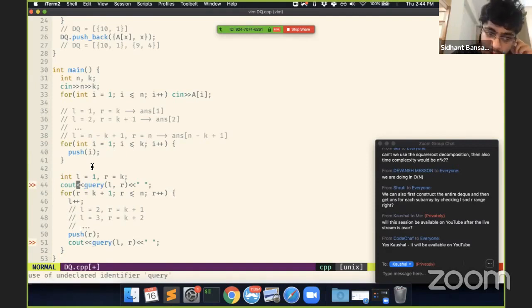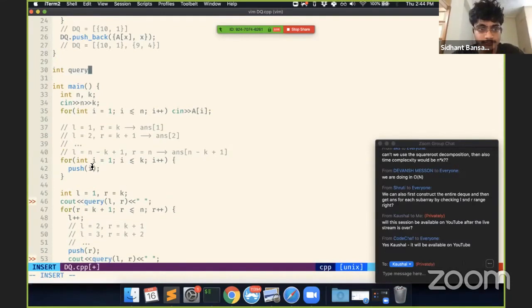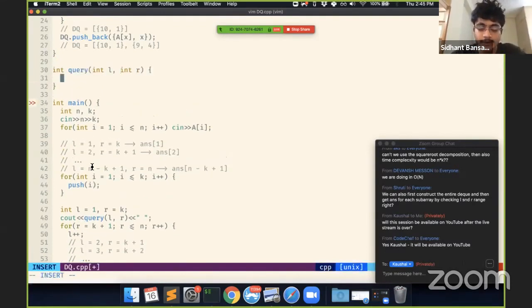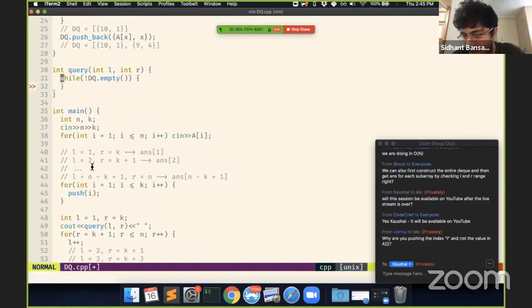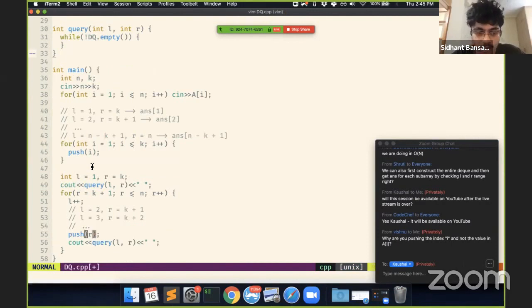All right. So now we need to define the query function. And the idea is this: while the DQ is not empty, why are you pushing the index I and not the value in A of I?